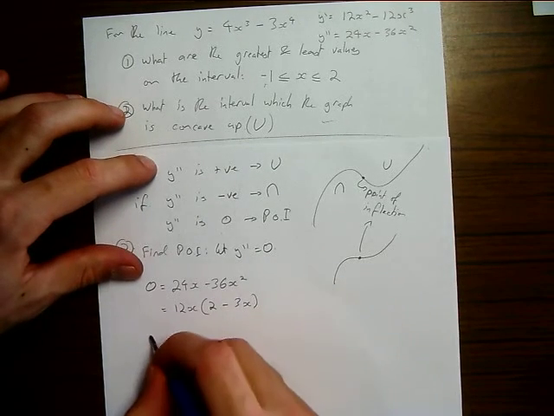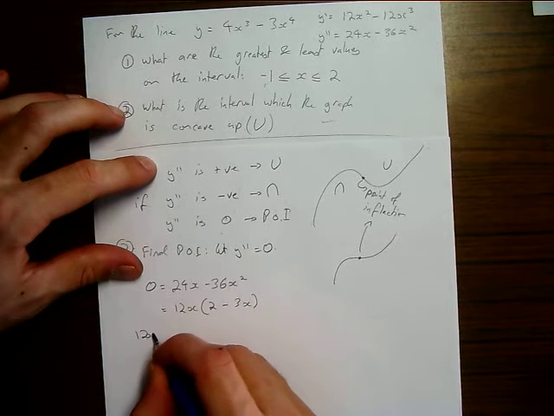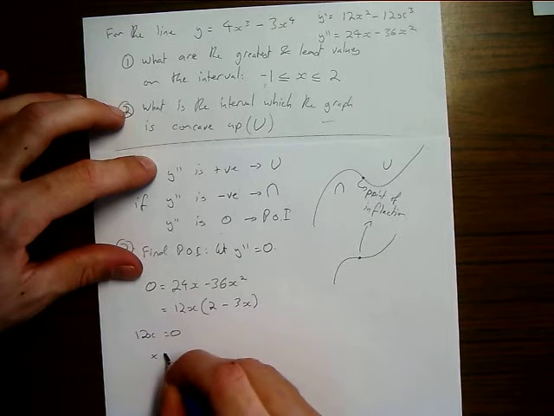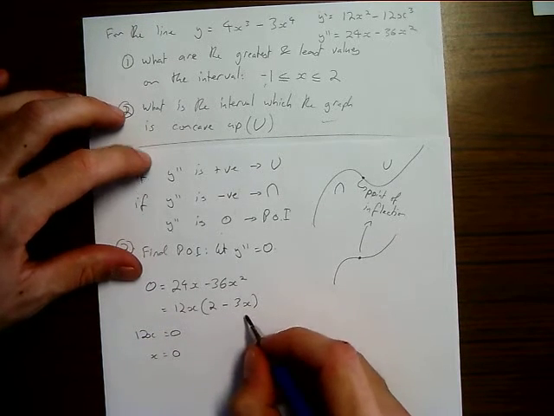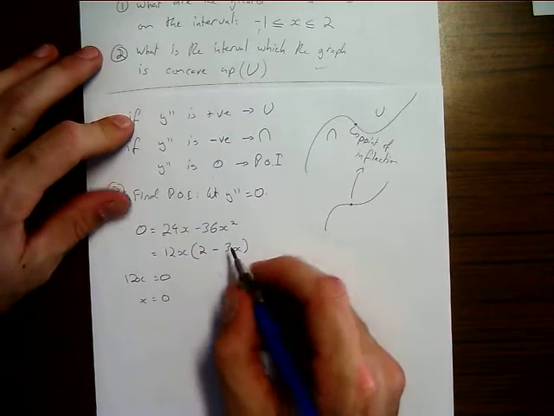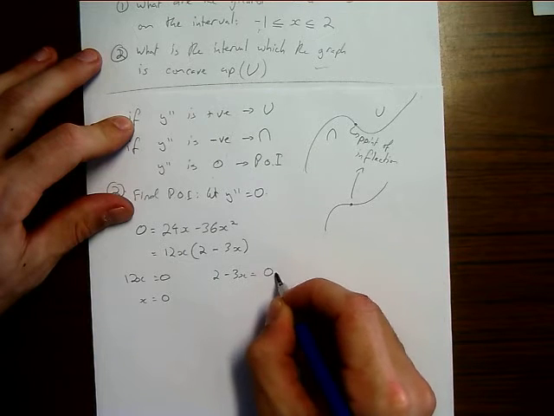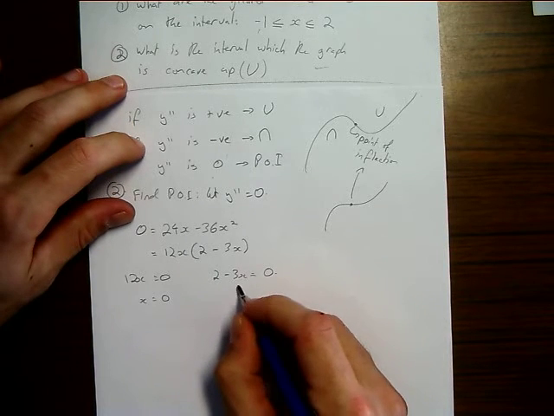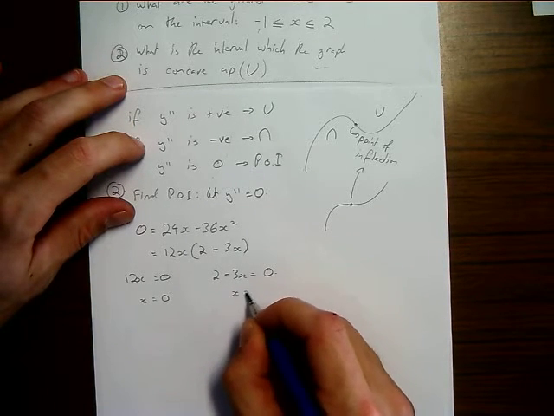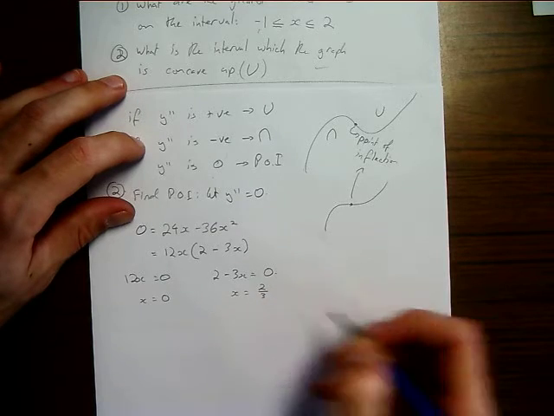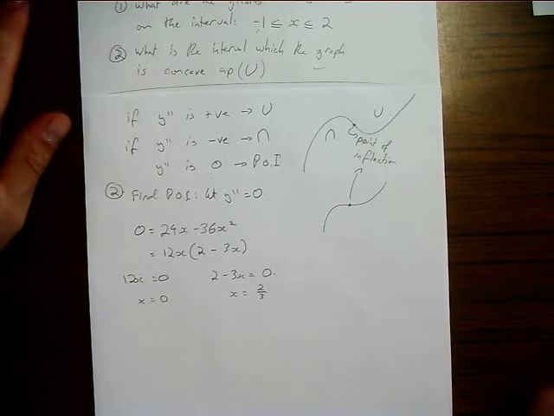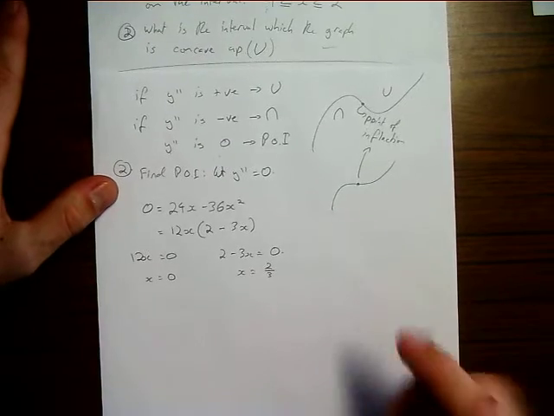So these two things are equal to 0. I have 12x equals 0, which means x is equal to 0. And I have 2 take away 3x is equal to 0, so that means x is equal to 2 on 3. So these are my points of inflection.